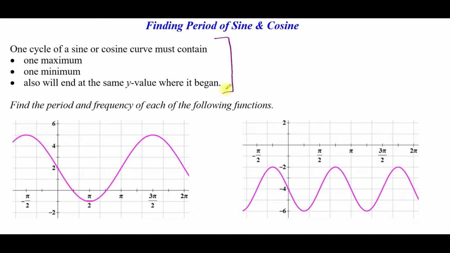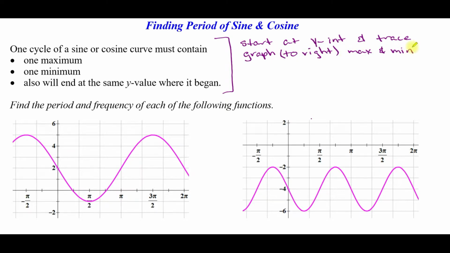The easiest way to think about this for me is to say we're going to start at the y-intercept, and we're going to trace the graph moving to the right until we hit a maximum and a minimum. It does not matter what order those happen in. And then we have to go back to the same y value that we started at, so the same y value that is the y-intercept. Then where we end is going to be the period of your function.